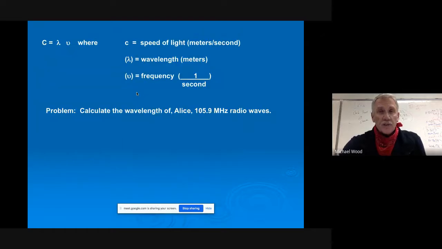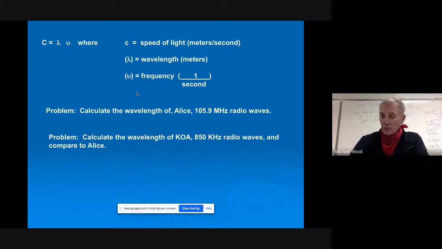Like I said, I wasn't going to make this a very long lesson. So I'm going to do one set of problems here, and then we'll be done for today. I want to do these 2 problems. C, the speed of light, which is given to you, 3.0 times 10 to the 8th meters per second, is equal to the wavelength times the frequency.